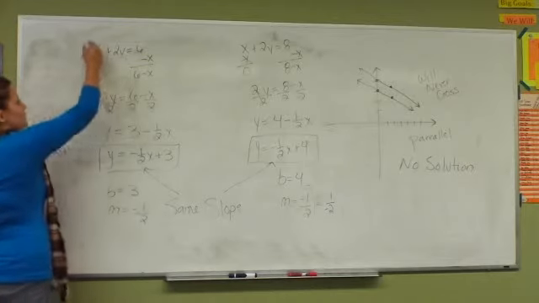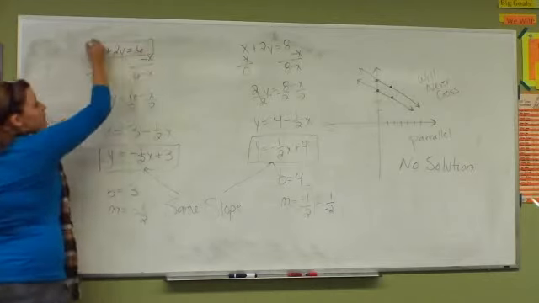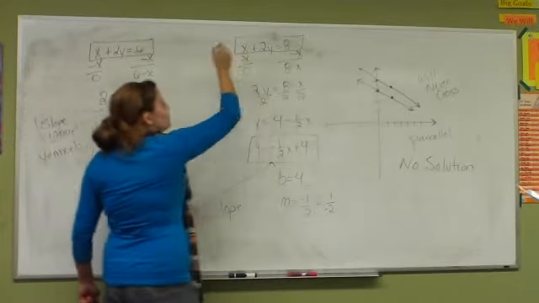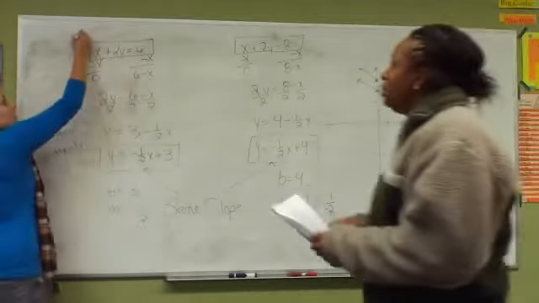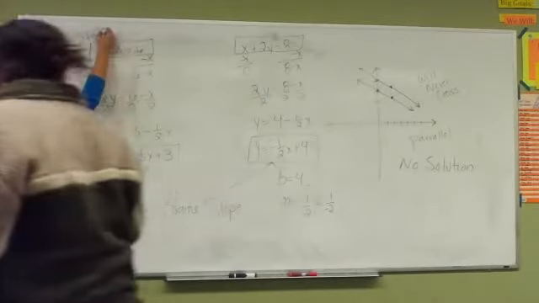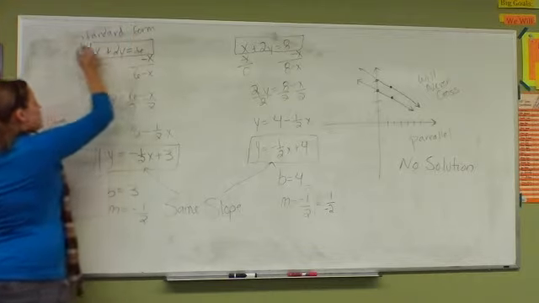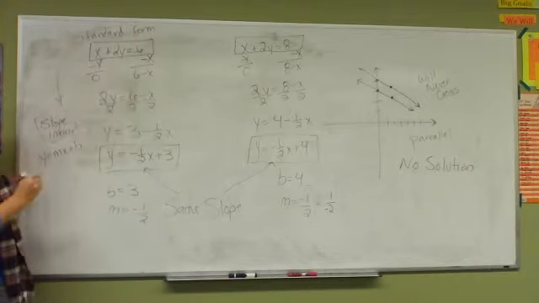So these were my starter equations up here. That top right-hand column. Now what you do? These are in standard form. I want to put them into slope-intercept form.